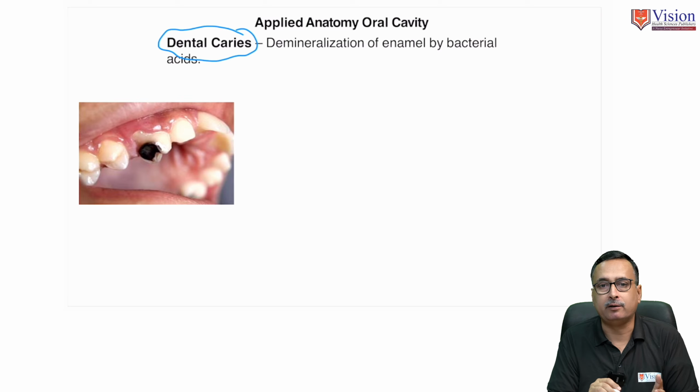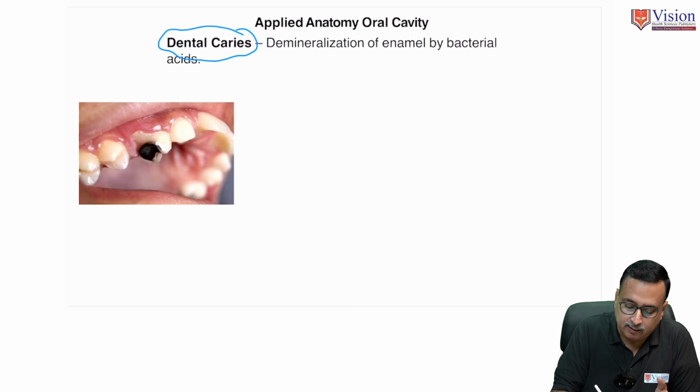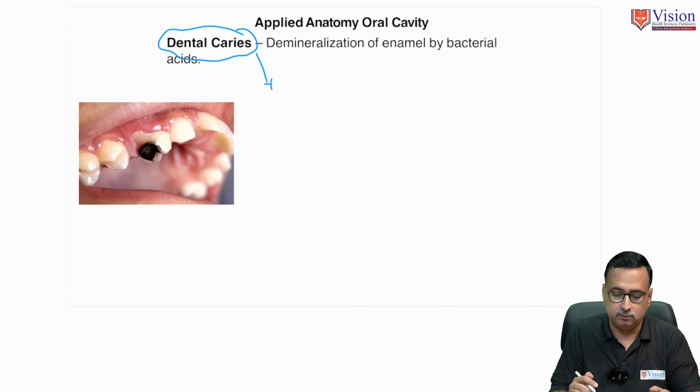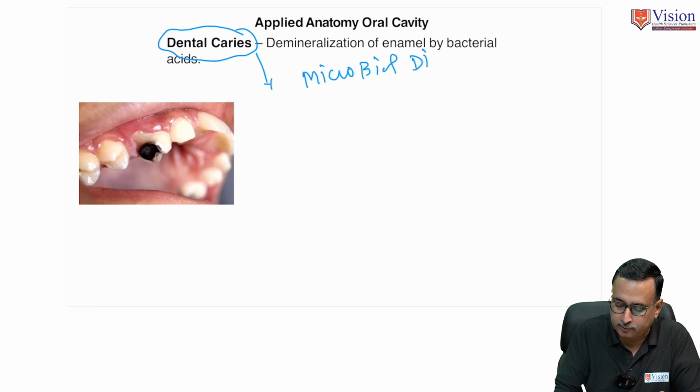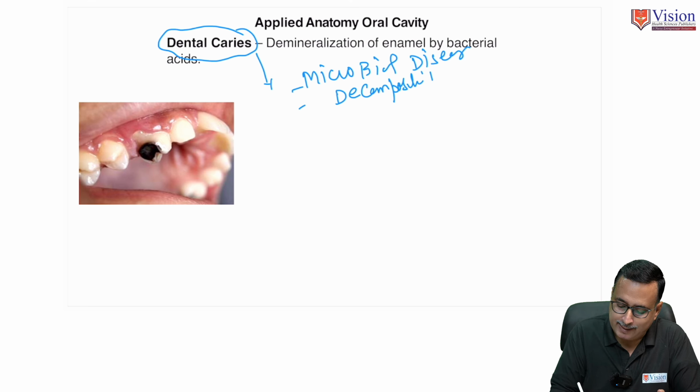It's a rampant, highly prevalent disorder of the teeth, the hard tissue of the oral cavity. So dental caries, if we can define it, we can understand it, is a microbial disease, and this disorder involves decomposition or damage of teeth.